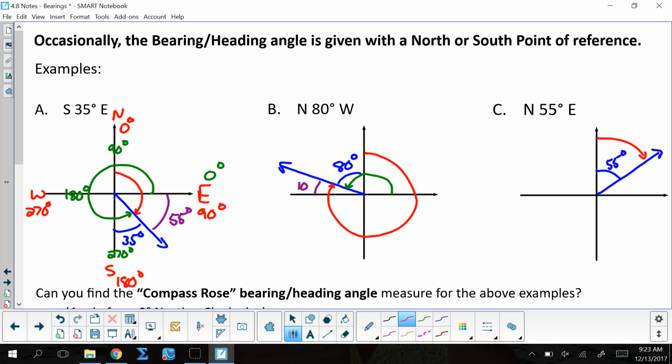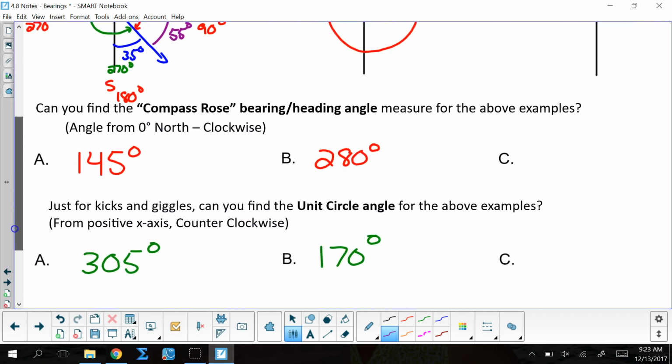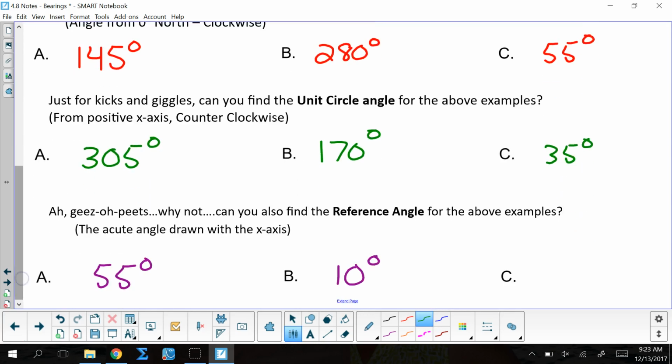That would be a unit circle angle of 35 degrees. And that would be a reference angle of 35 degrees. So that would be a 55 degree compass rose, 35 degree trig, 35 degree reference.